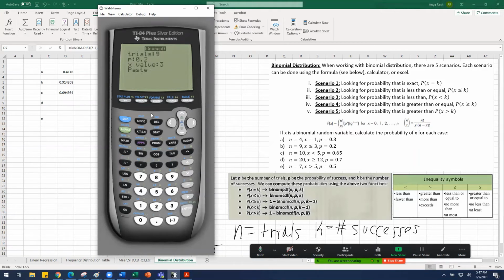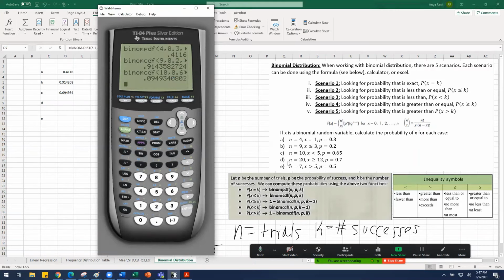So N is 10. The P value was 0.65. And then you do the K value minus 1. Paste it. And they do match, 0.094934 if you round.